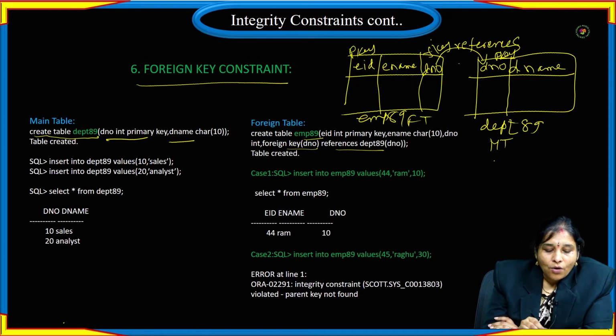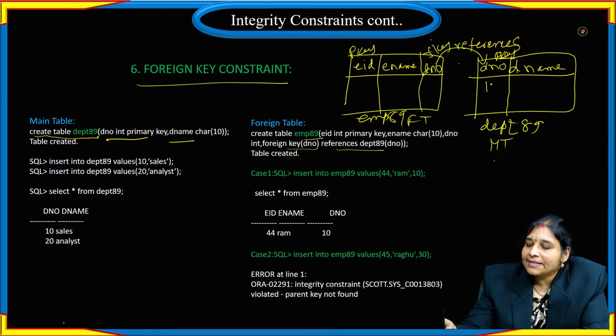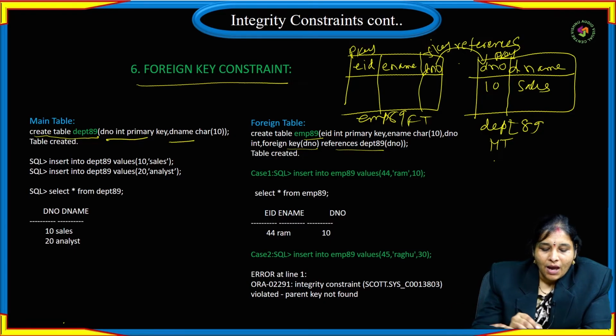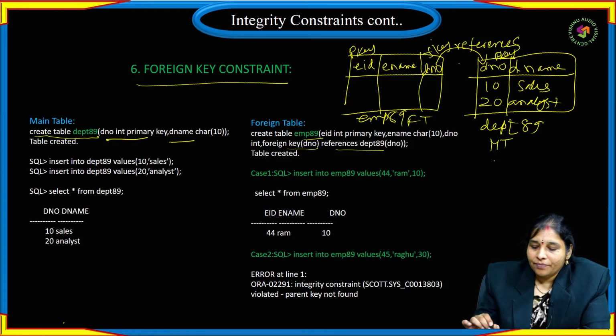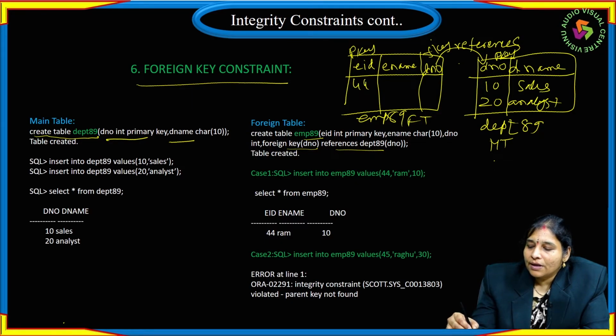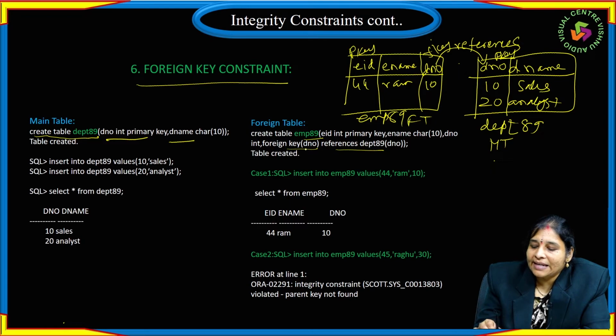Now, I try to insert into Department 89 values 10 sales, and again 20 analyst. And into Employee 89, I try to insert values 44, RAM, 10. So, we have defined the foreign key: foreign key D number references Department 89 D number. The declaration part is perfect.